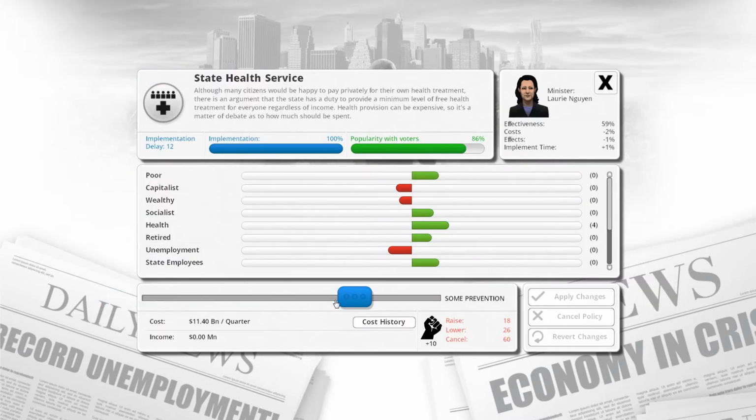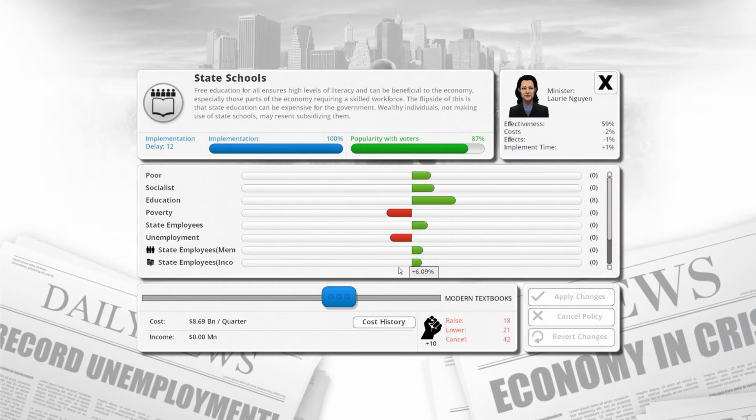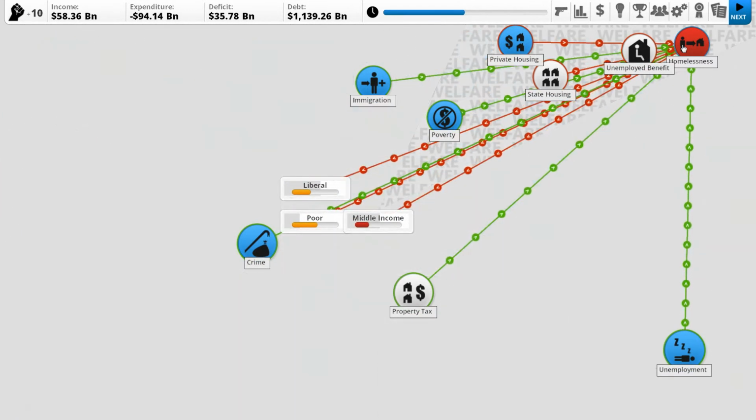State health service. This is costing us a lot, but it's quite beneficial. State schools are costing us a lot. Housing. Man, all this stuff is pretty good for keeping away poverty and unemployment and such. Do we have an unemployment problem? Not really, eh? We do have a homelessness problem.